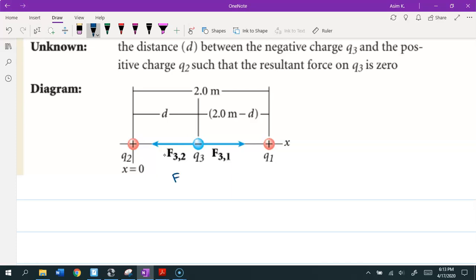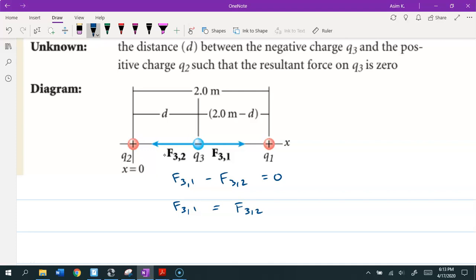So as an equation, F sub 3,1 minus F sub 3,2 is going to equal a net force of 0. And this is really where the problem starts, because what we're implying is that in equilibrium, the two forces are going to equal out to one another like this.